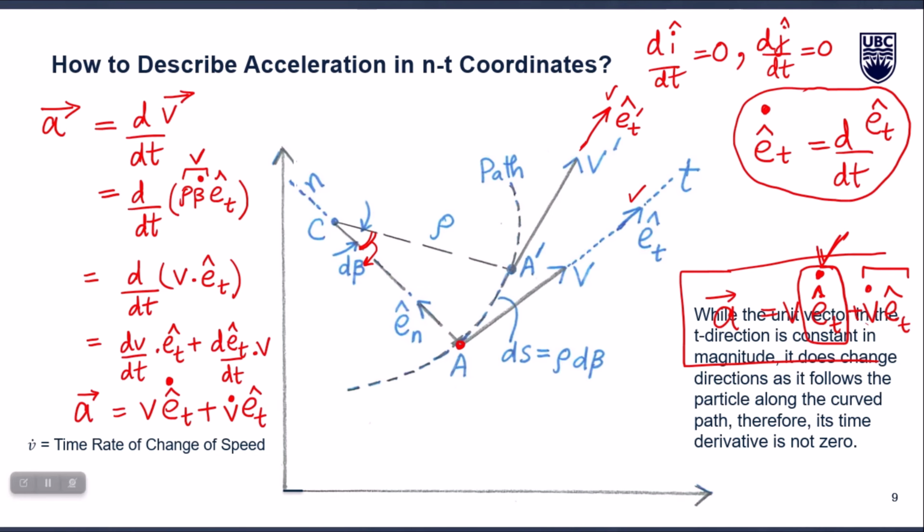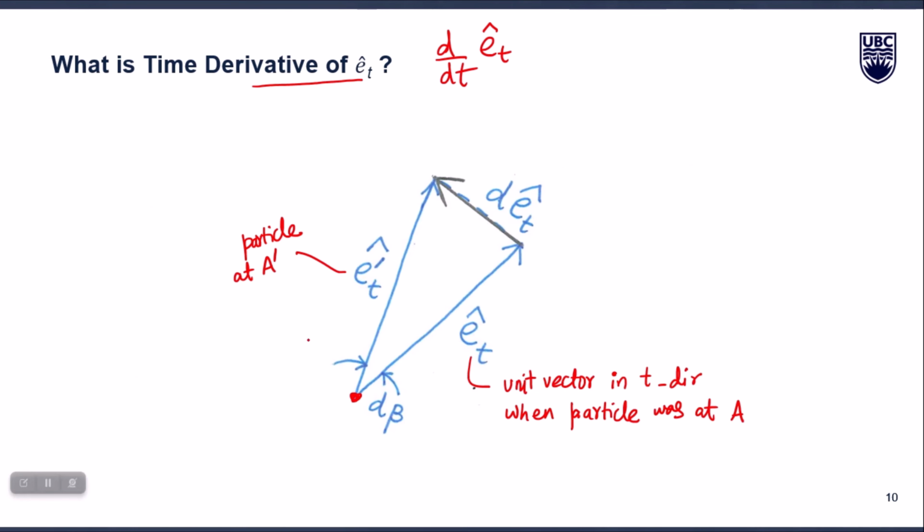If the normal components at both locations make an angle d beta with each other, their perpendicular directions will also make the same angle d beta between each other. So the angle between E sub t and E sub t prime will also be d beta.